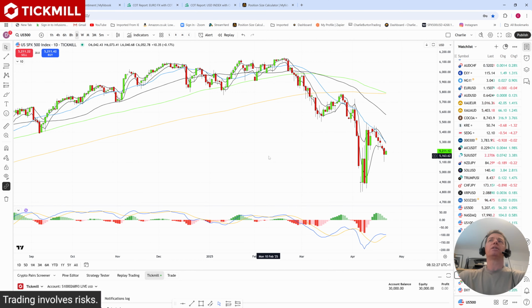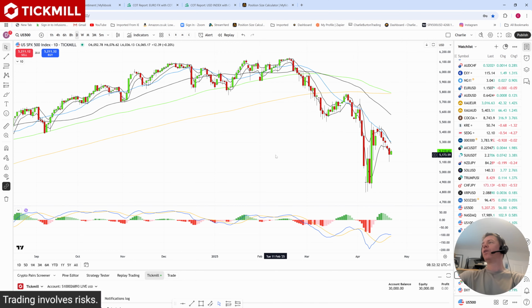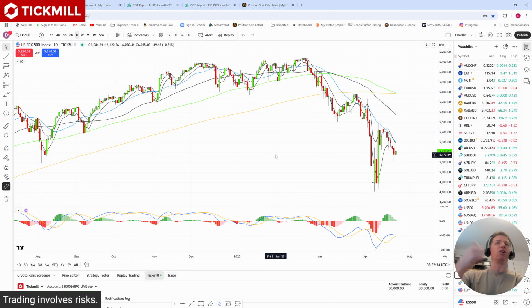It just suggests that maybe there's not that much fear. Although some sentiment measures of volatility index and options trading had got stretched, actually retail were still buying.